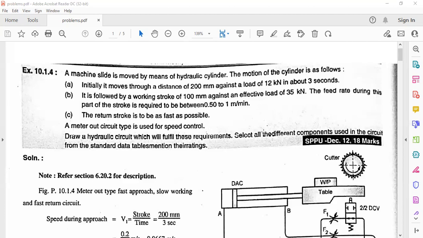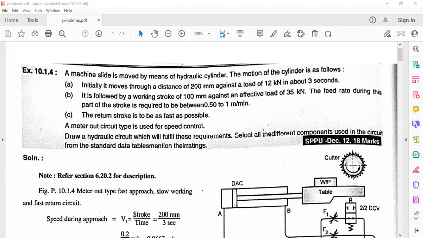B. It is followed by a working stroke of 100 mm against an effective load of 35 kilonewton. The feed rate during this part of the stroke is required to be between 0.50 to 1 meter per minute.